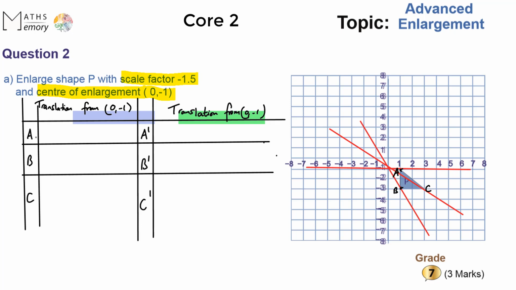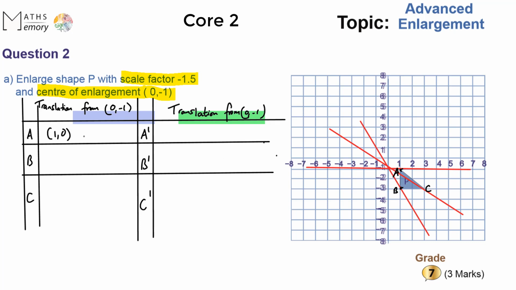So let's say A is over here. Now A is relative to the center 1, 0. That's the relative position, i.e. the translation to get from the center to here.